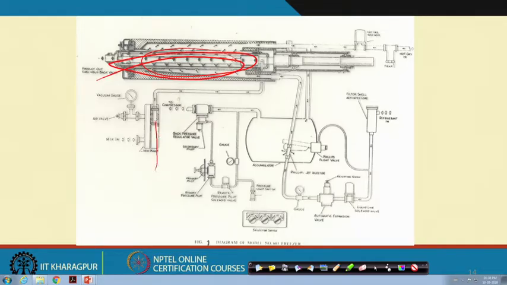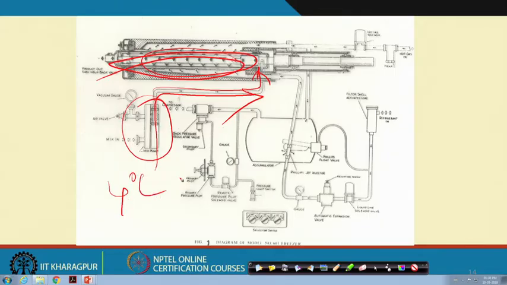So, the product, this mix along with the air, is going in. Here this mix was at 4 degrees centigrade after aging. So, at 4 degrees centigrade, this mix is pumped, entering the inlet of the ice cream freezer.